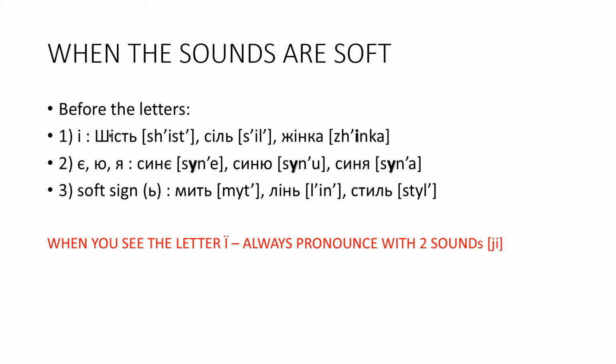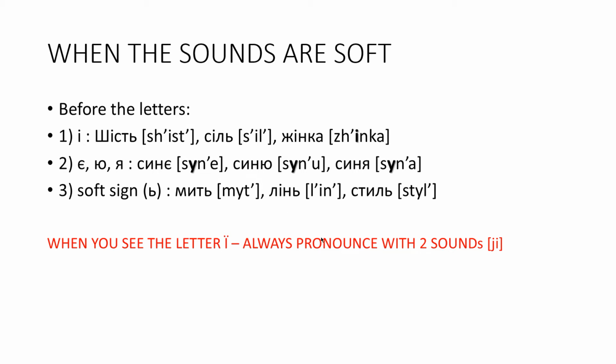For example, шість, сіль, жінка. Okay? Then, when there is ye, you, ya after the consonant, pay attention. Синє, синю, синя. Okay? I don't pronounce it like синьє, синьє, синью.